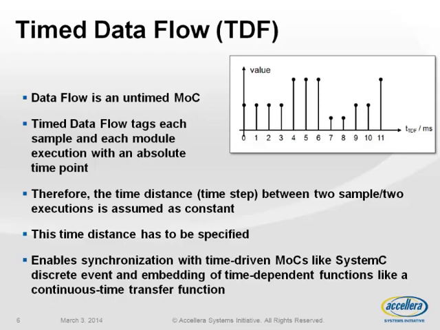The time steps you assign to either a port or to a module get propagated during the elaboration phase to all the other ports and modules which have no time step assigned. And then there's a consistency check, so that if you set the time steps at different places in your model, you can verify that these are coherent.